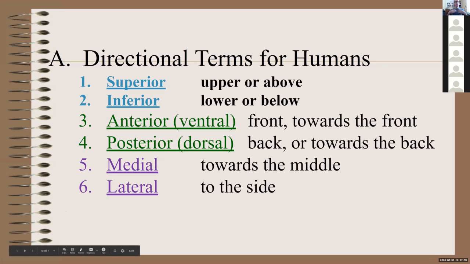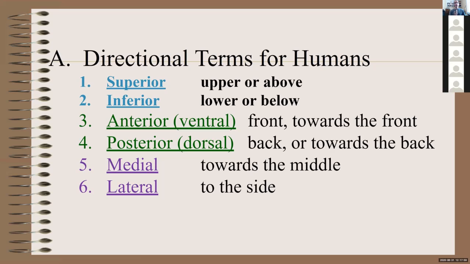Okay, so let's look at this. The shoulder joint is to the side of this midline, right? If I start at my midline and I say, what direction do I need to travel in order to get here? I would have to travel towards the side, right?